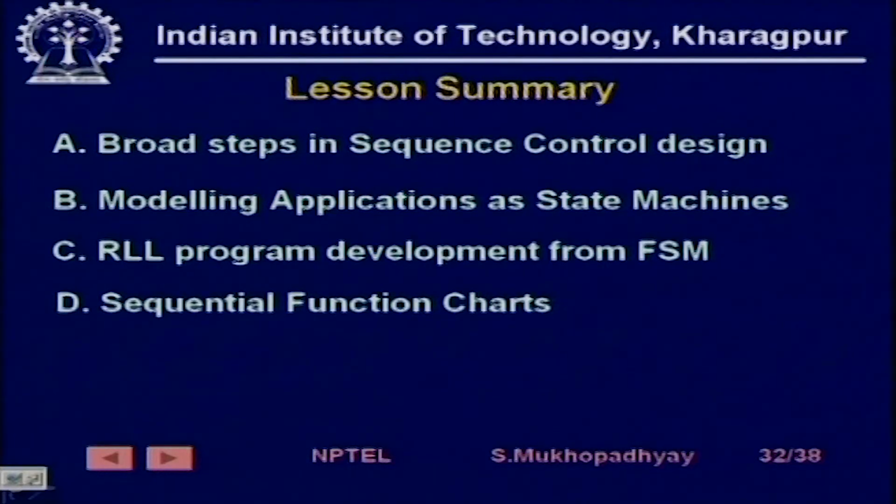And finally, we found a syntax, a graphical language which can capture this flow of logic in terms of states and transitions. So, this program flow description strategy using sequential function charts we have seen.